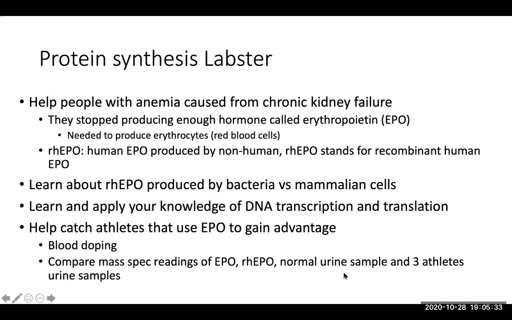In order to see if a urine sample is normal or not, you're going to compare your mass spec readings of natural human EPO and the recombinant human EPO, and then also look at a urine sample of what you know is normal, your control, a normal urine sample that doesn't have any EPO in it. And then you'll compare 3 athlete samples.